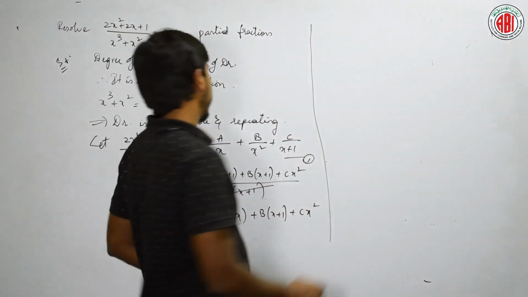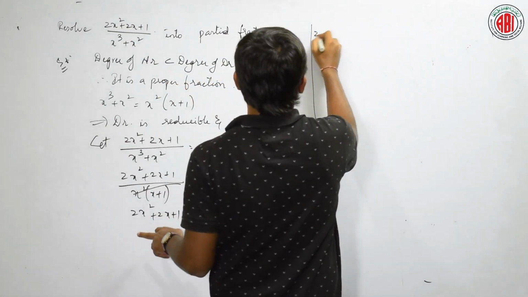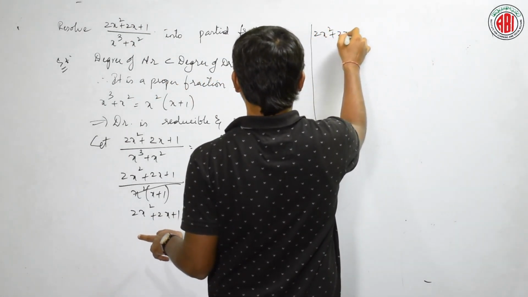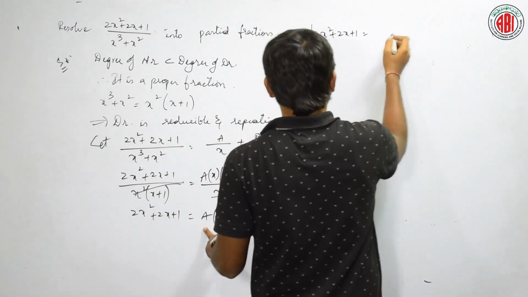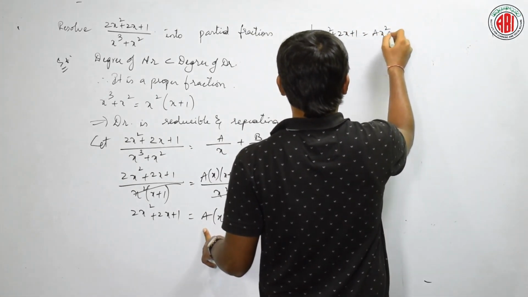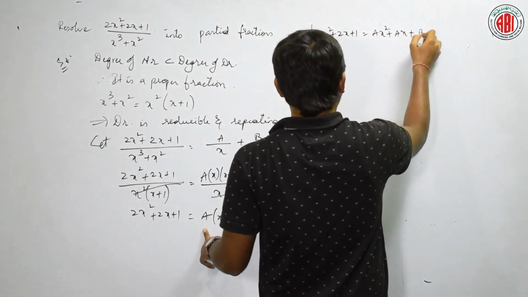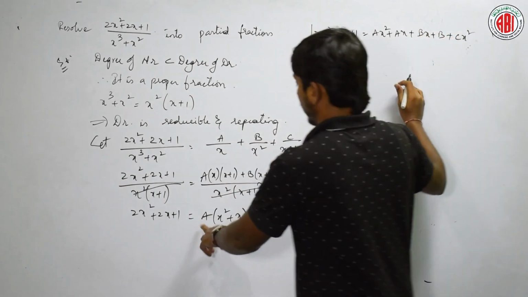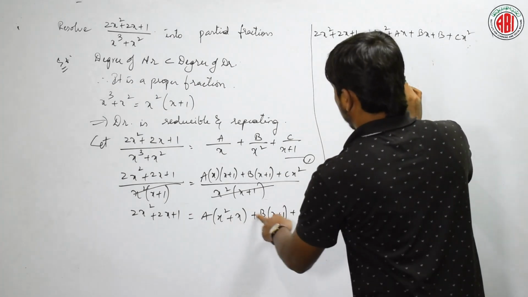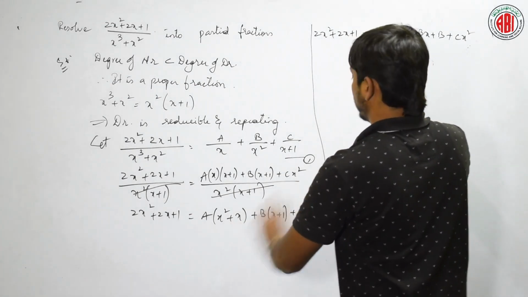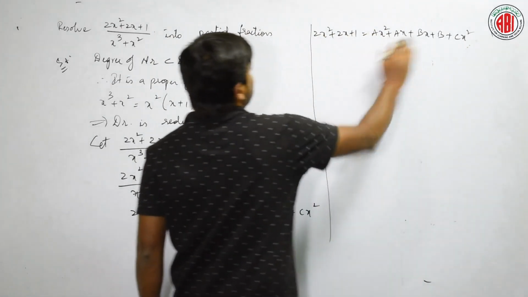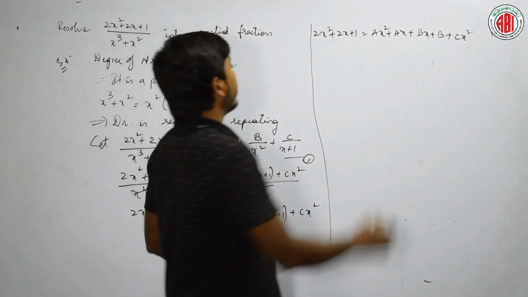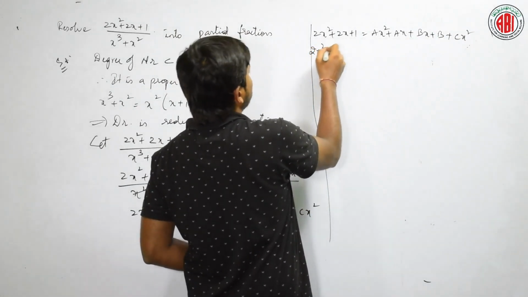Let us simplify this. What do we get? 2x square plus 2x plus 1 is equal to ax square plus ax plus bx plus b plus cx square. Once again, ax square plus ax plus bx plus b plus cx square. Now let us take x square common here. Then let me write this again.